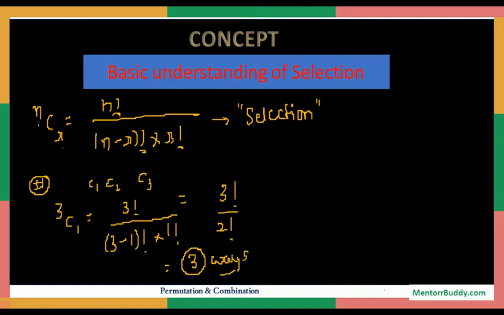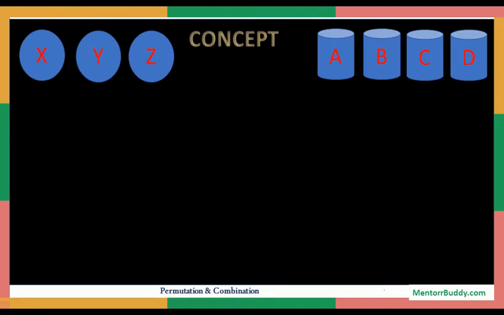Now coming to the question, based on the simple logic of selection. Let's say there are 3 containers or boxes, X, Y and Z, and 4 other containers, A, B, C and D. Let's call the first group set 1 and the second group set 2.